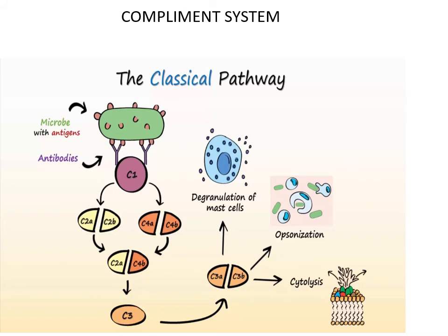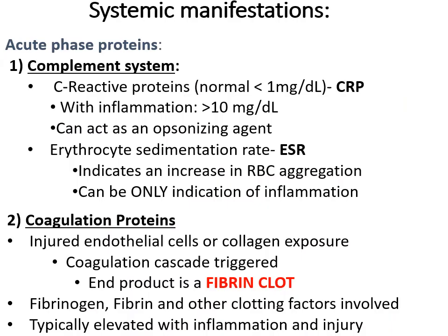Complement system also increases the inflammation because it releases even more histamine from the mast cells, causing even more vasodilation and tissue edema. Okay, so really they're just a series of proteins to help upregulate the inflammatory system. So we call all of these proteins that are increasing during inflammation acute phase proteins.